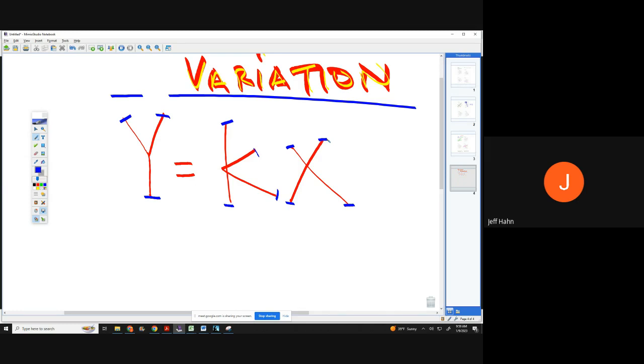I don't know, but it's like 10 or 11 or 12 or whatever, okay? McDonald's salary, ladies and gentlemen, is an example of direct variation, in the sense that if you worked at McDonald's, the number of hours you work determines the amount of money that you get. In other words, the more hours you work, the more money you get.